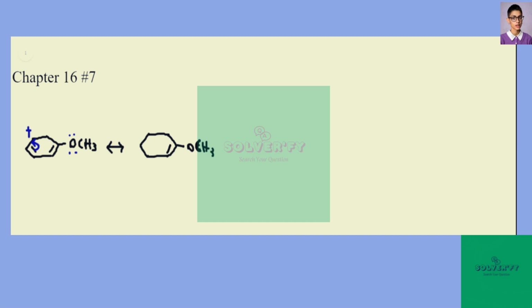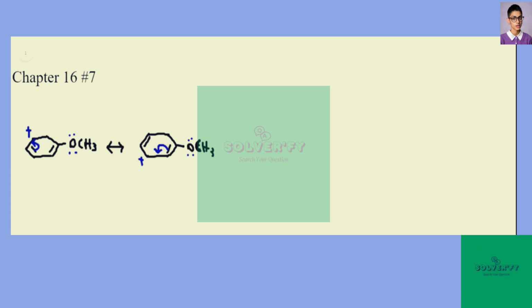So this double bond is still right here. We now have a double bond there, and our positive charge is going to be seated right there on that carbon.